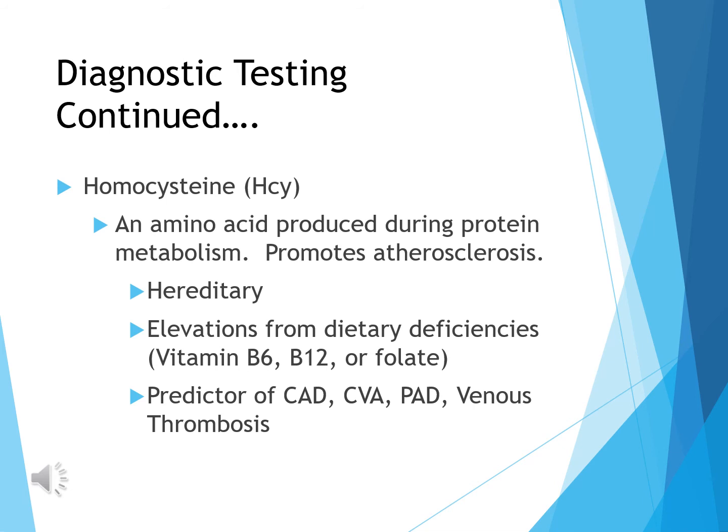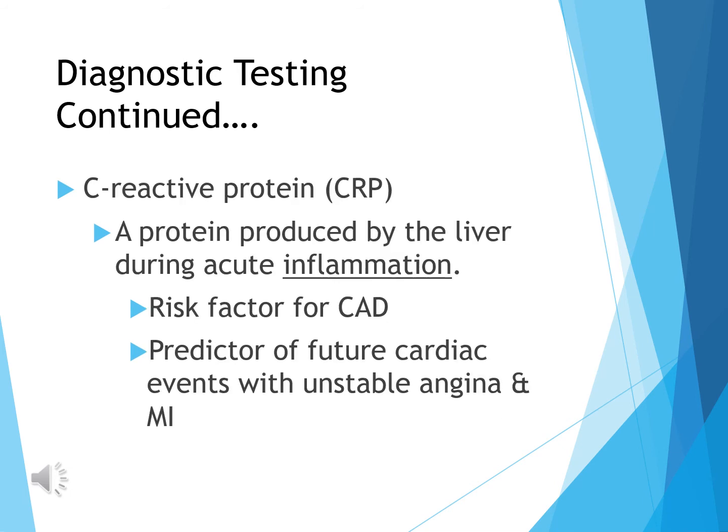It is a predictor of coronary artery disease, cerebral vascular disease, peripheral artery disease, and also venous thrombosis. C-reactive protein, or CRP, is a protein produced by the liver during acute inflammation. It is a risk factor for coronary artery disease and is a predictor of future cardiac events with unstable angina and MI.